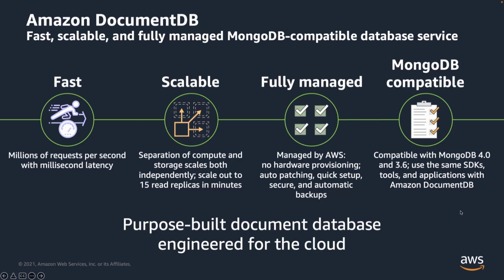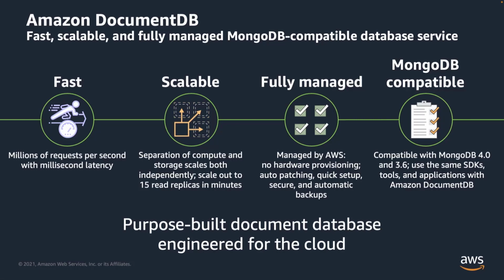Now let's jump into what exactly DocumentDB is. It is a fast, scalable, fully managed database that can handle JSON workloads with ease. It can scale up to millions of document reads per second by scaling compute and storage independently. You can add up to 15 read replicas to horizontally scale read traffic.